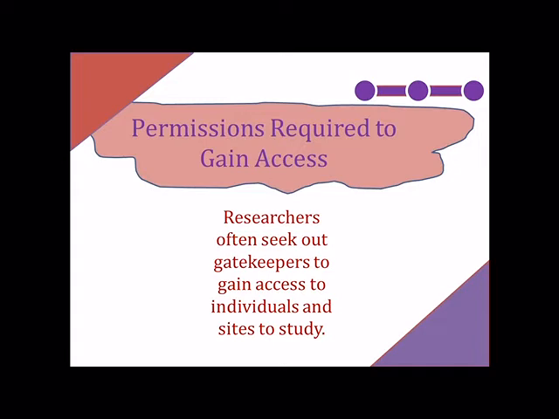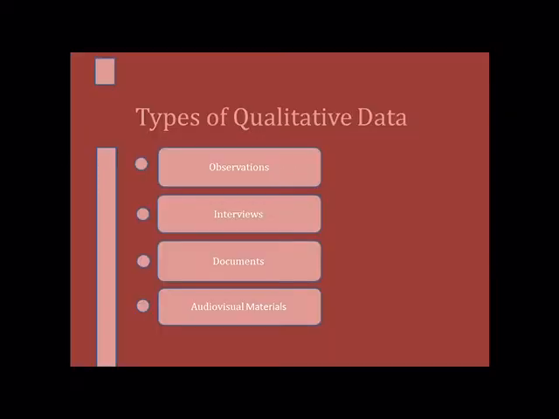Types of qualitative data. The first, observation. Observation is the process of gathering open-ended, first-hand information by observing people and places at a research site.